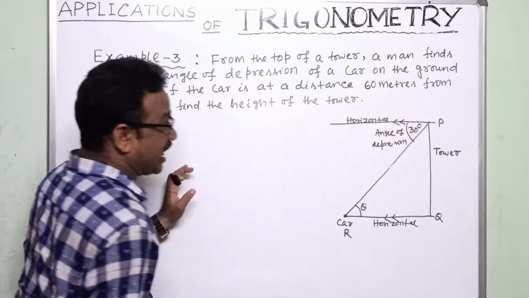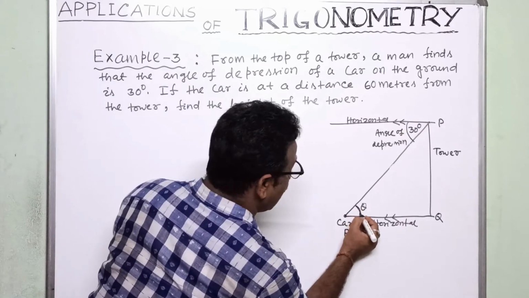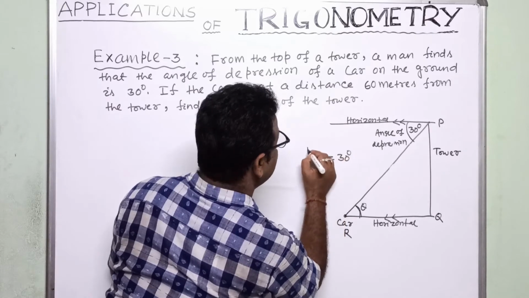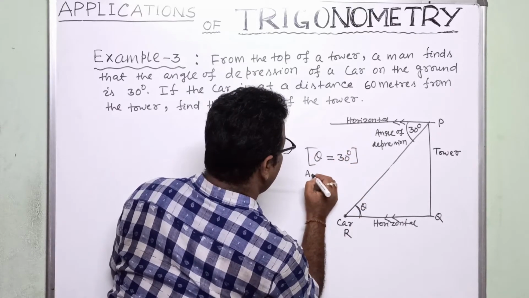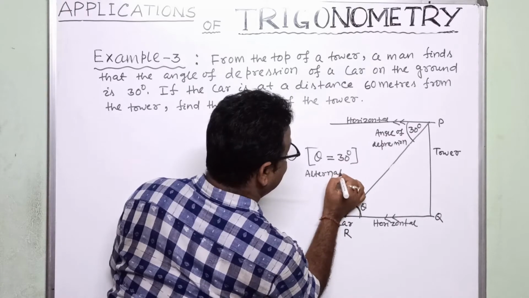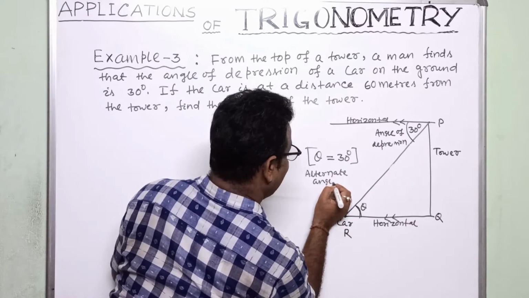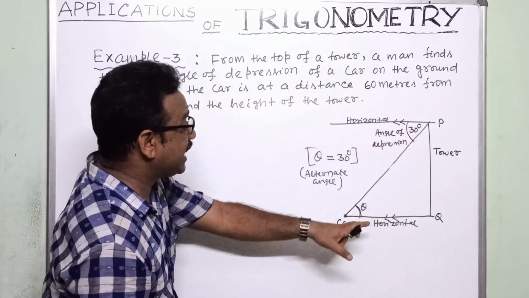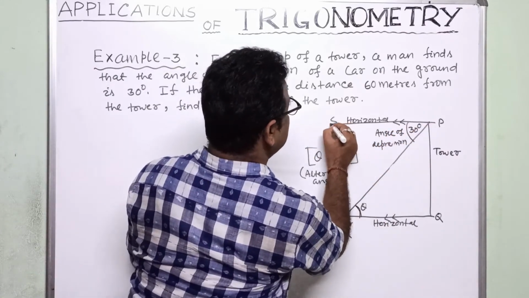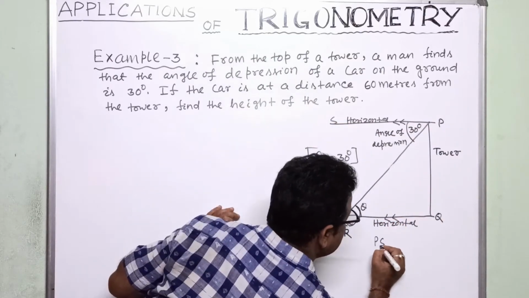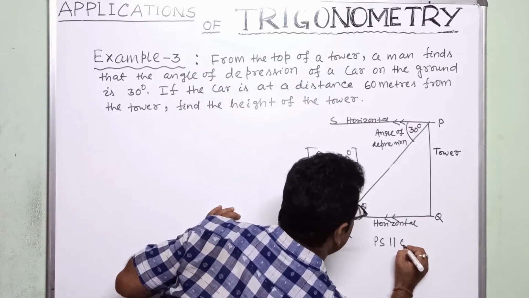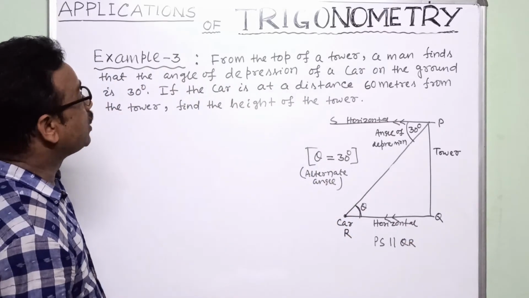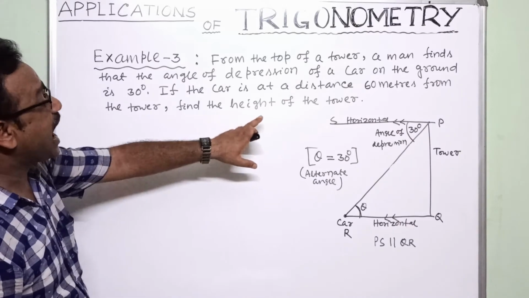So here also this theta will be 30 degree. Why? Because of alternate angles. So this angle is equal to this angle, since PS is parallel to QR. So here we have to find out the height of the tower.